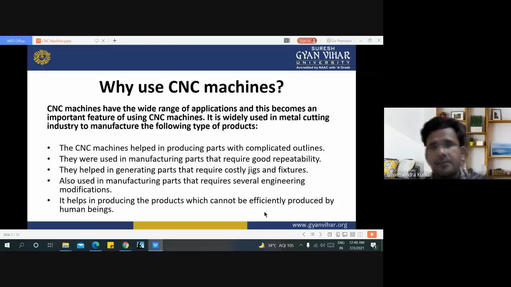These are some reasons why we use CNC machines in our manufacturing plants or manufacturing industries. Not only in manufacturing plants, CNC machines are widely used in the automobile sector and aviation sector.